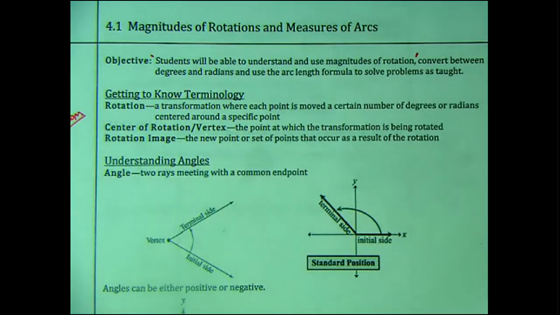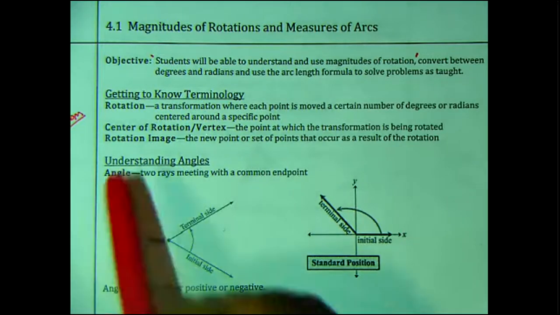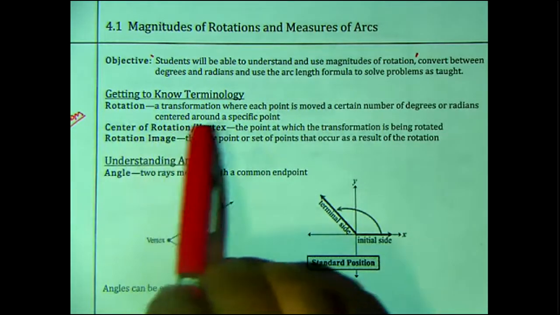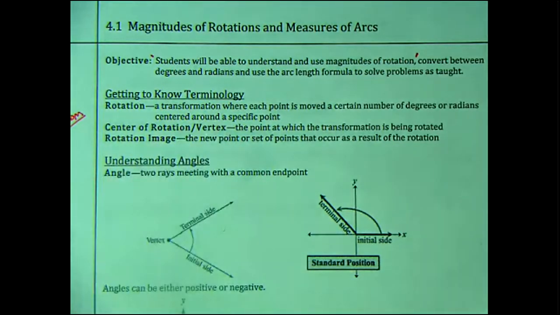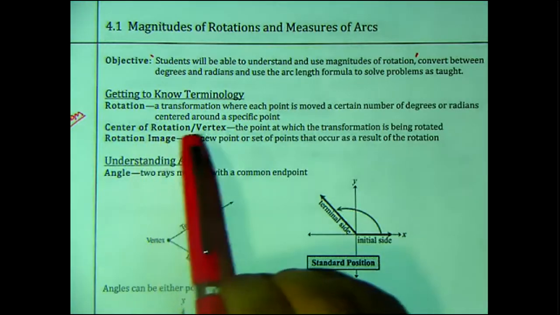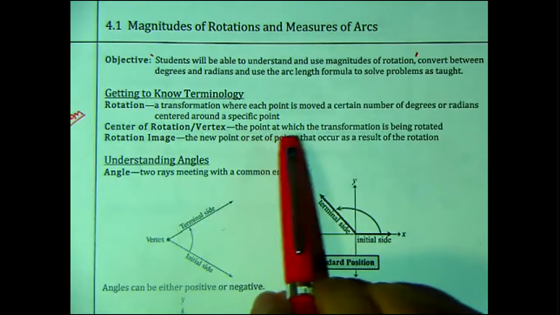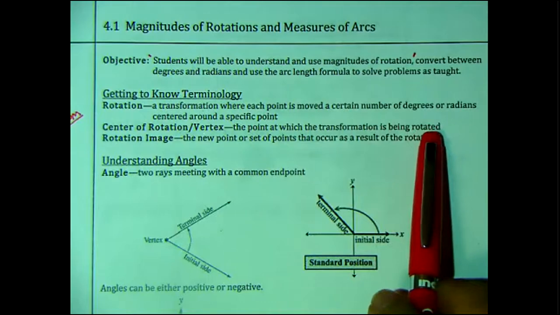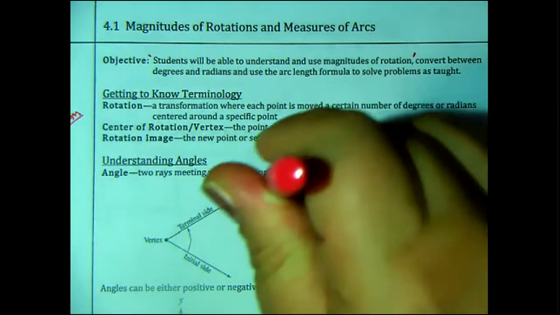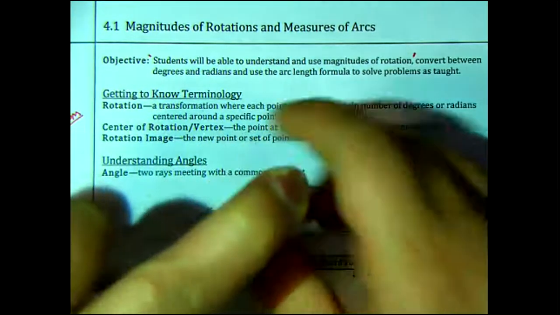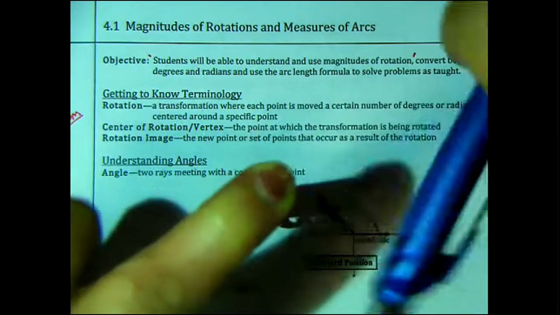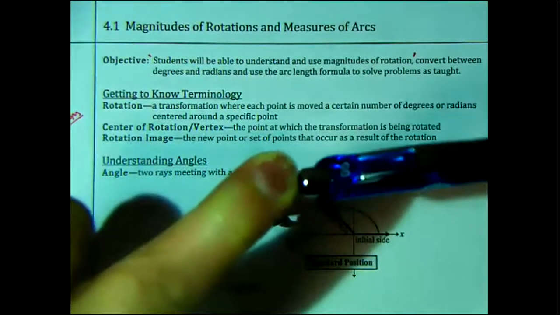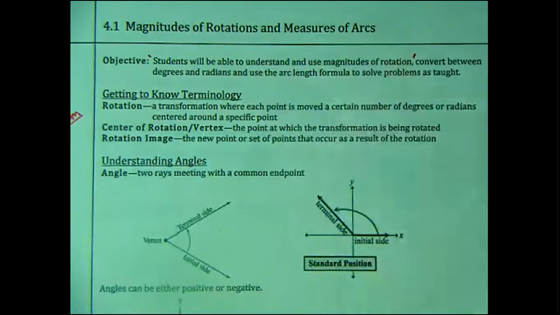That specific point is called the center of rotation, or the vertex. The center of rotation, the vertex, is the point around which the figure is being rotated. Essentially, here's your center of rotation, and you take this and rotate it around the center of rotation. You can see my hand. I apologize for that. I was trying to be clever.